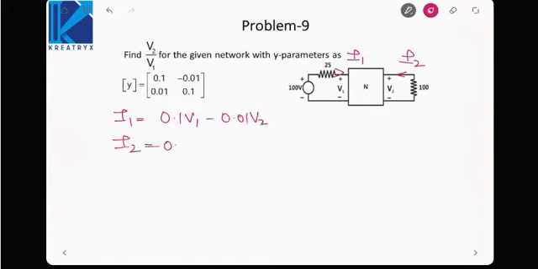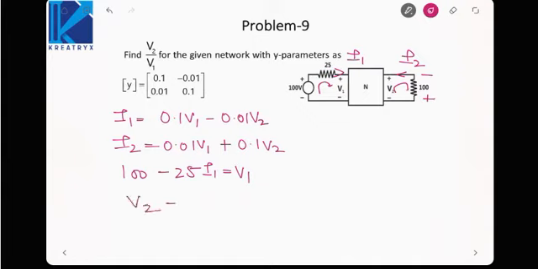I2 will be 0.01 V1 plus 0.1 V2. This is the equation based on the Y parameters. Now let us apply KVL here. 100 minus 25 I1 is equal to V1. If we apply KVL here, based on I2 the voltage will be like this. So V2 will be equal to minus 100 I2. So these are the four equations that will describe this network.